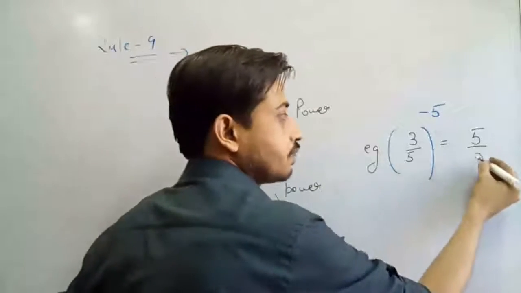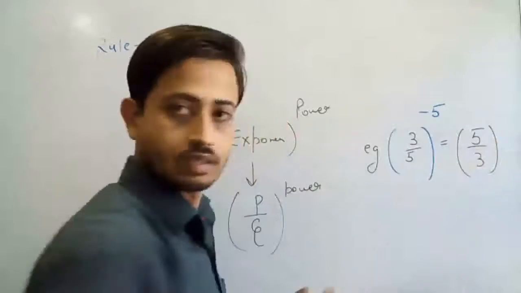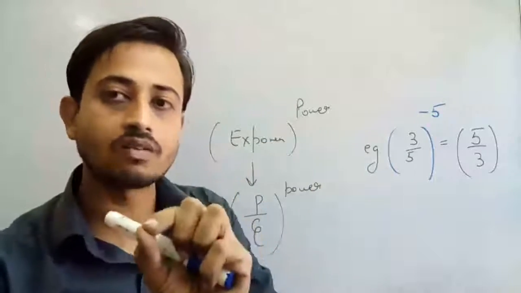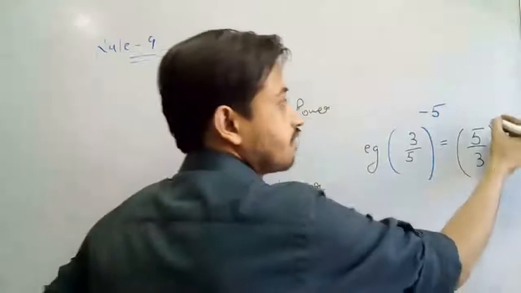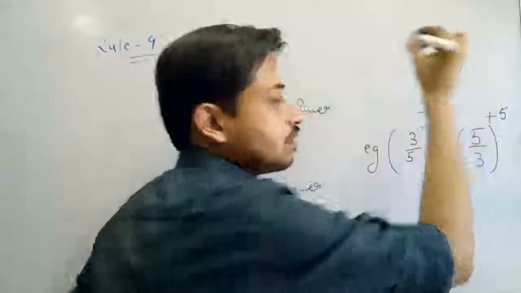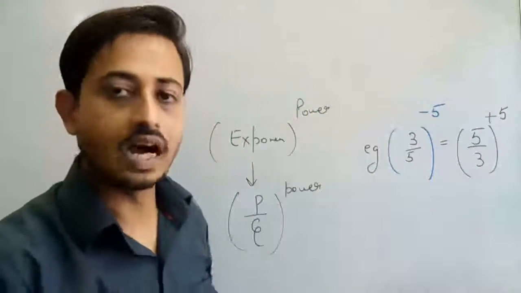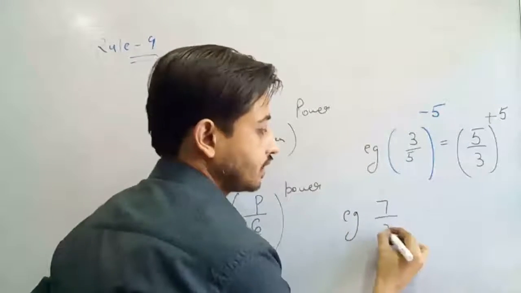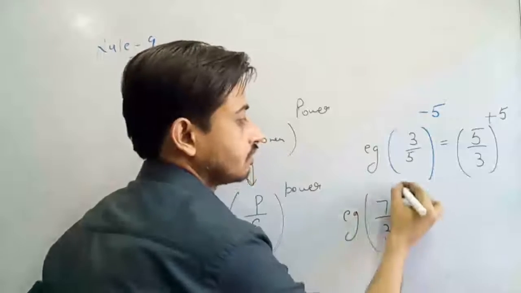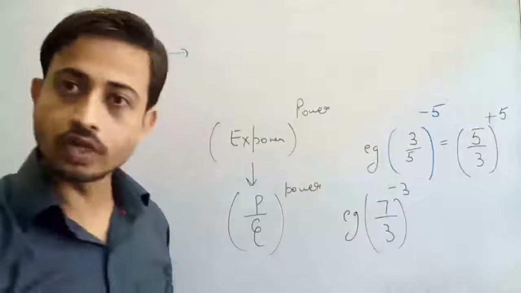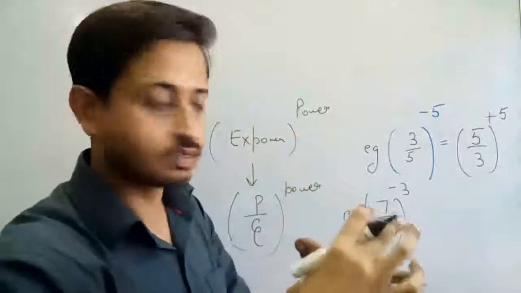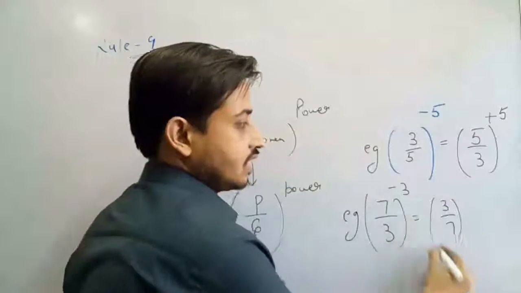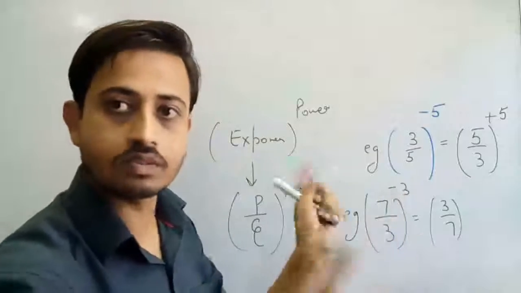So this becomes 5 by 3. If you take the reciprocal of the base, then the sign of the power gets changed. So the power becomes +5. I am taking another example. If you have 7 by 3 raised to the power -3, you can write it by changing the term to 3 by 7, and the sign of the power gets changed. -3 becomes +3.